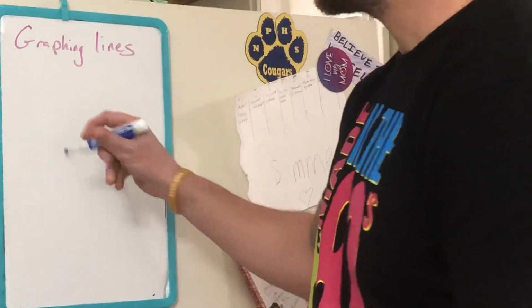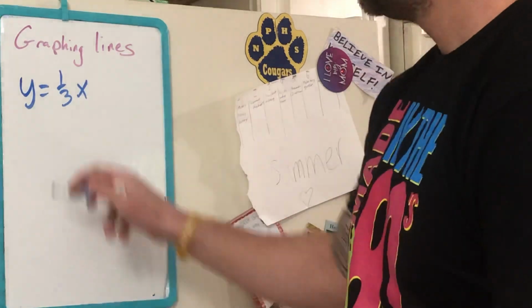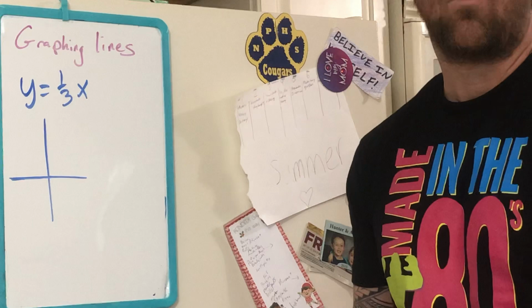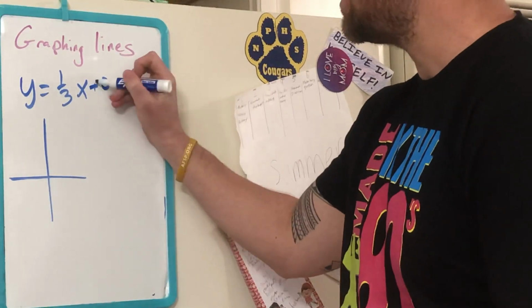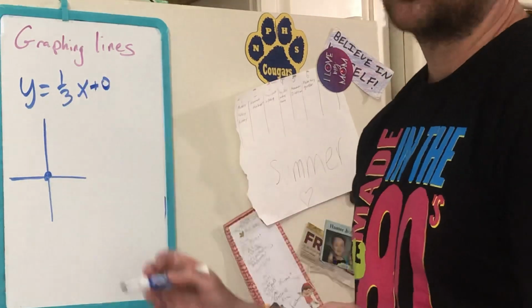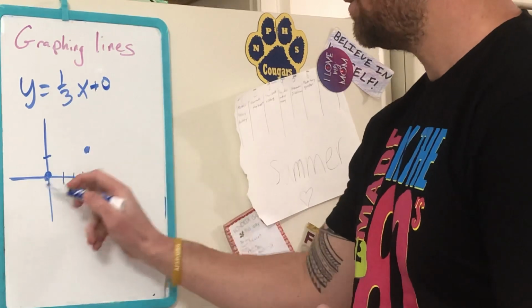Now, if it's y equals 1/3 x, and there's no y-intercept, that means the y-intercept is 0, so that's +0. So that means we start at 0, and this is my rise over run. So I go up 1 over 3.